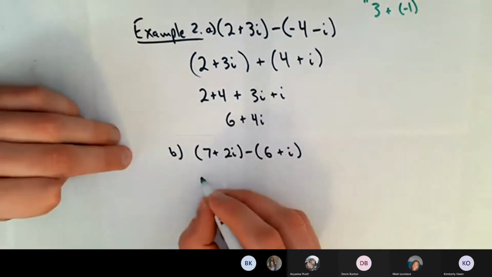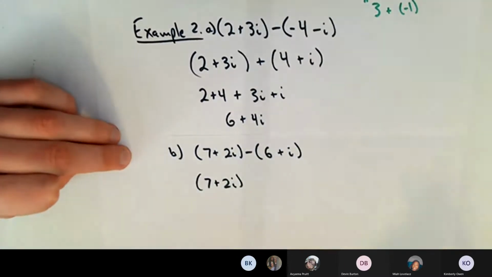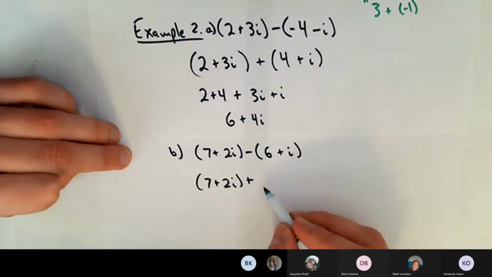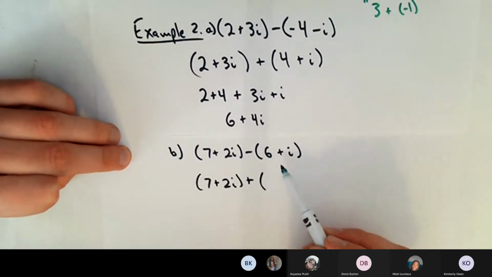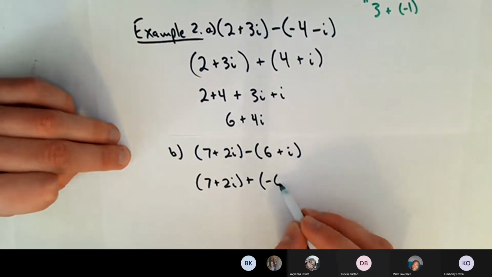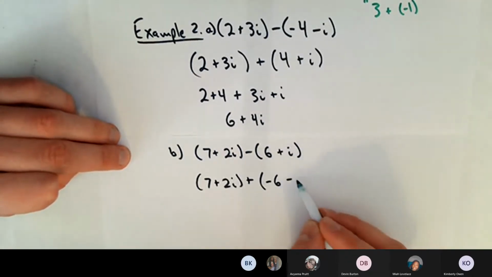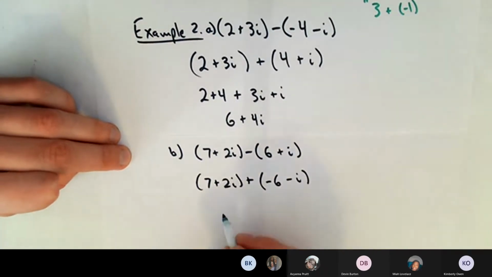Okay, first thing, write it as an addition problem. So 7 plus 2i, the first one doesn't change. And then we write plus, and then we're just going to distribute the minus sign to both of these inside the parentheses, which changes this to an addition problem. So instead of minus 6 and minus i, it's going to be plus negative 6 plus negative i. So flipping the signs on both of these numbers in here.